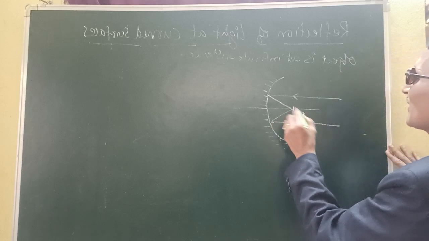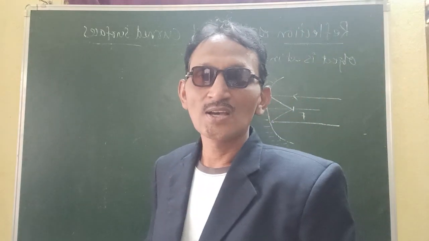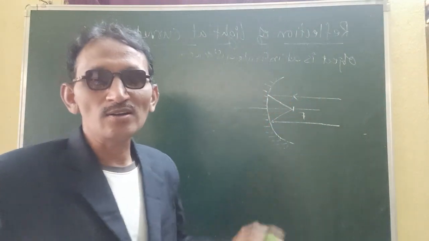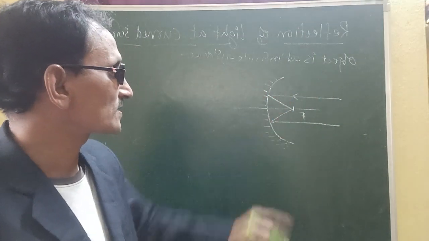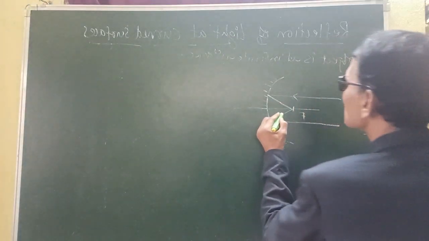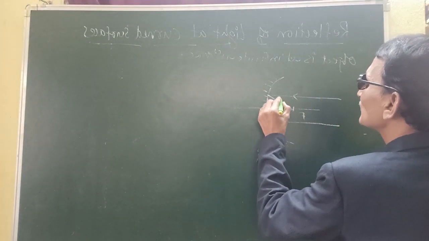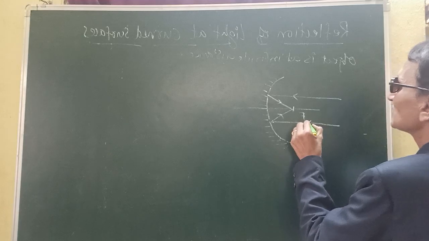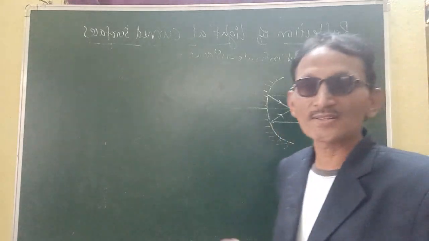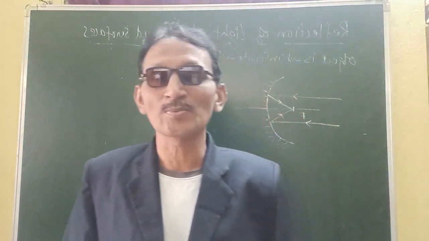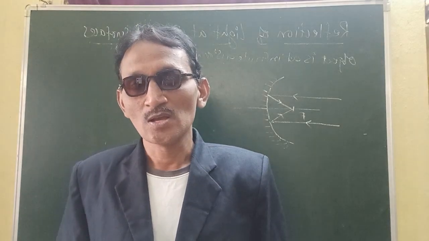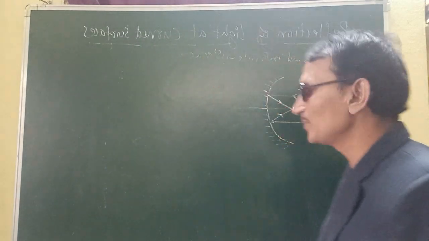The point where the rays converge on the principal axis is called focus. The reflected rays come out from the mirror and converge at a single point on the principal axis, called focus. So the real inverted image is formed here.